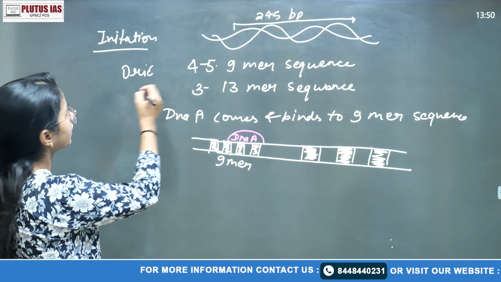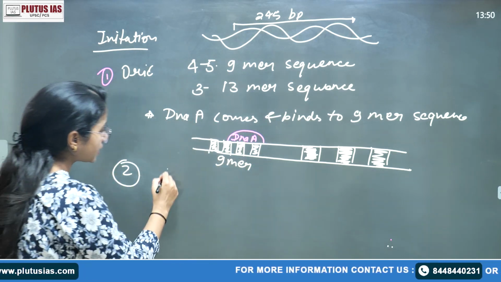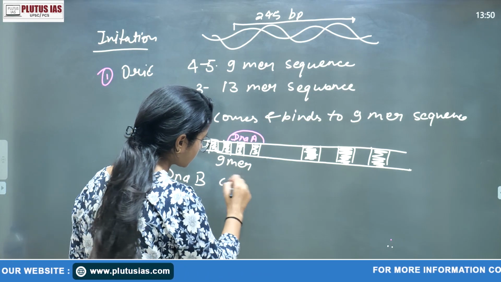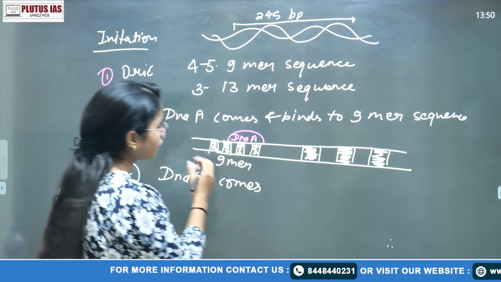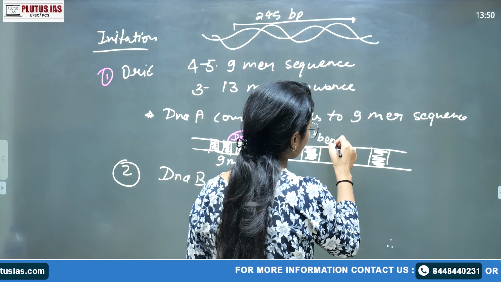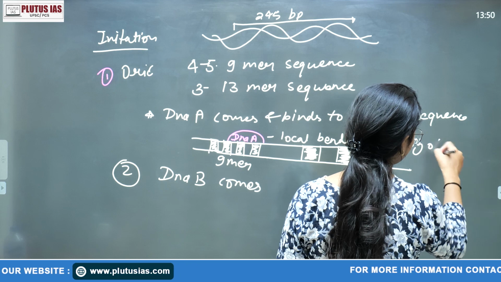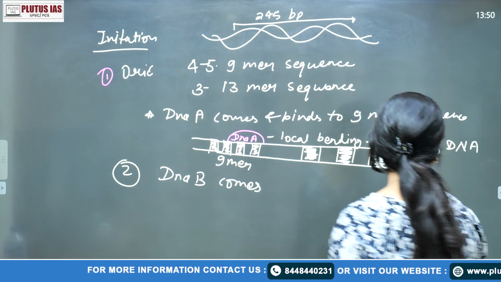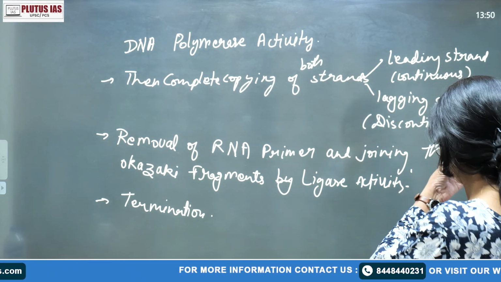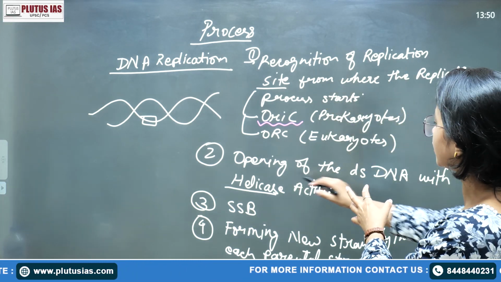After that, what step comes? DnaB comes, and what is the function of DnaB? This is the local bending and melting of DNA at that location, because in the first process we have written here, the origin of replication site, then opening of the double strand.